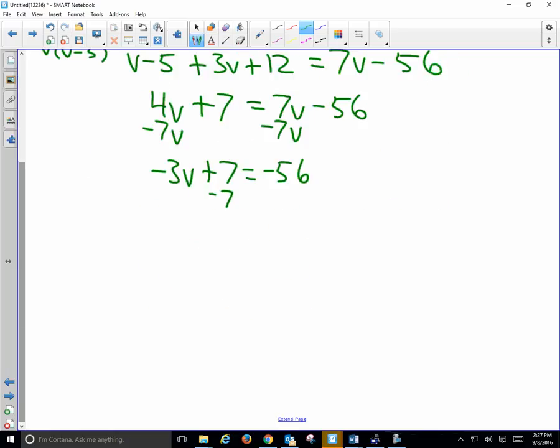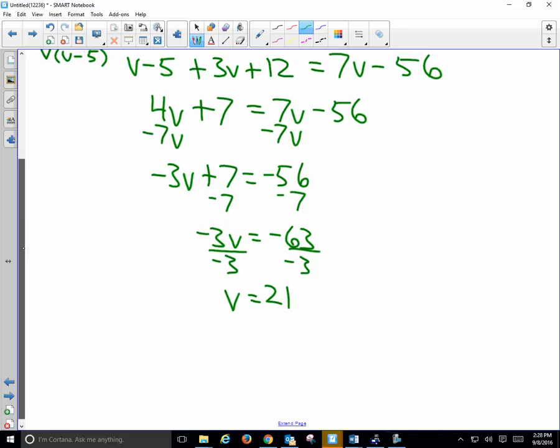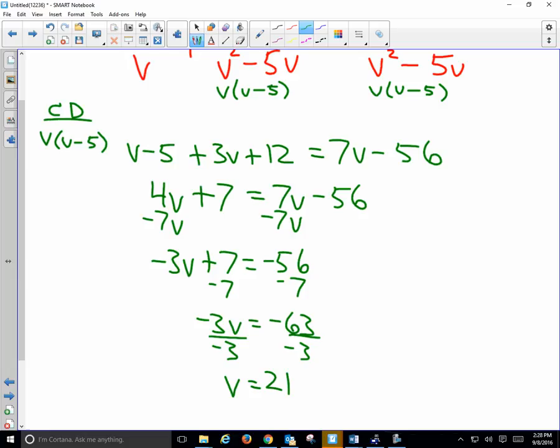Subtract the 7, negative 3v is equal to negative 63. What is my solution? 21. So once you identify that common denominator, looks like the problem really wasn't that bad, was it? Let's flip it over to the back side.